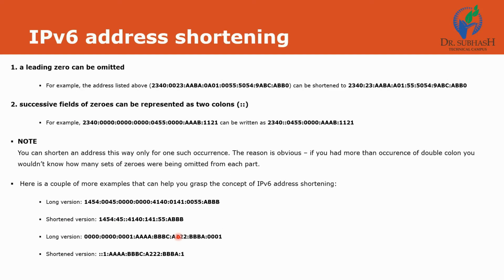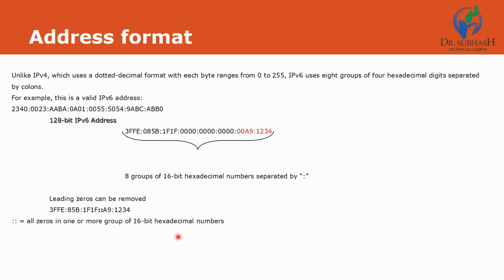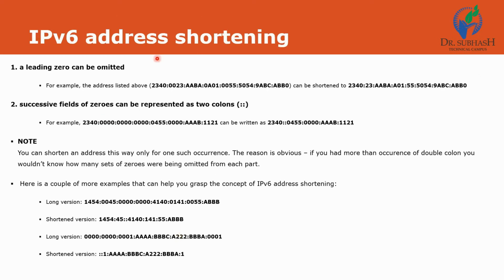So this is the IPv6 address format. IPv6 address shortening means we have to omit the zeros. A leading 0 can be omitted like the previous one. Successive fields of zeros can be represented with 2 colons. Say here 2340:0000:0000:4000. The second, third and fourth parts have multiple zeros, so we can write 2340 and then a double colon. Note, you can shorten an IP address this way only for one such occurrence.